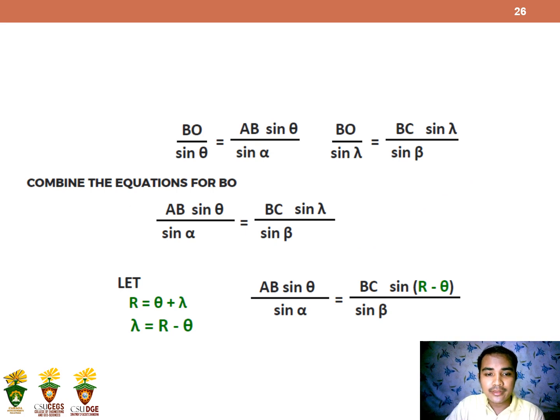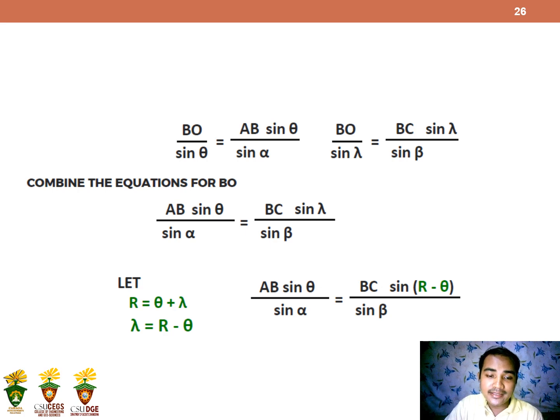So we have now these two equations, no, na atong nakuha from the two triangles, which is BO over sine theta is equals to AB sine theta over sine alpha, and the second equation is BO over sine lambda is equals to BC sine lambda over sine beta.